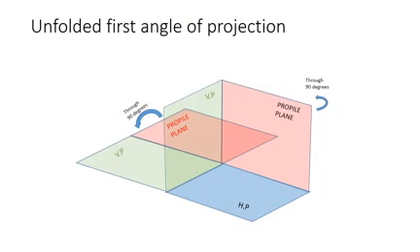Now, when we want to view the true features of each face on the same plane, we have to unfold the vertical plane and the profile plane so that they can be placed on the same surface with the horizontal plane, as we can see. And for us to do that, we have to rotate the vertical and the profile plane through 90 degrees anti-clockwise, so as to be on the same plane with the horizontal plane.